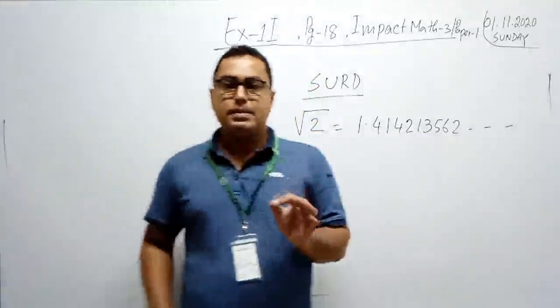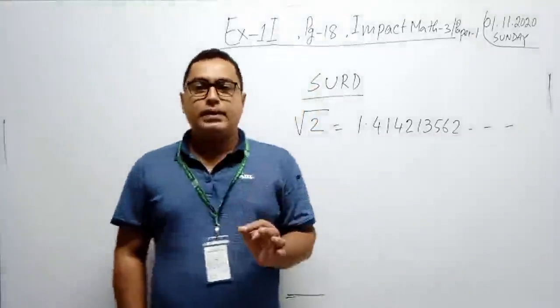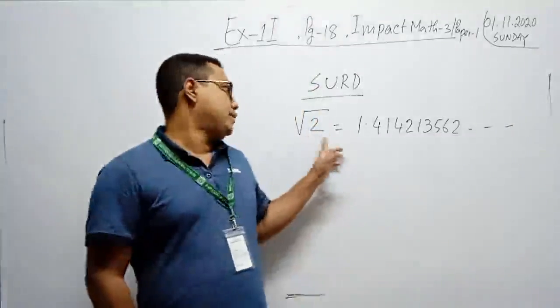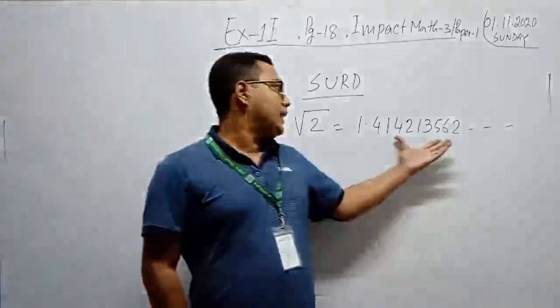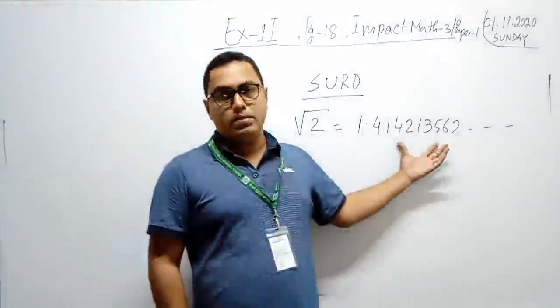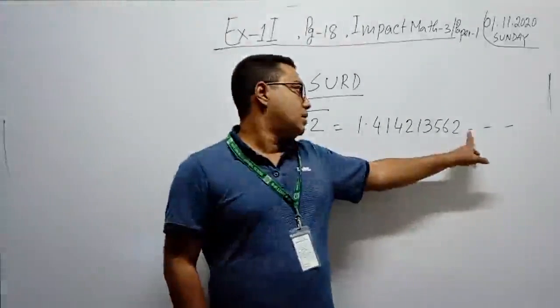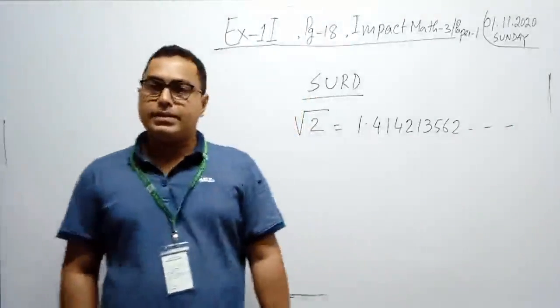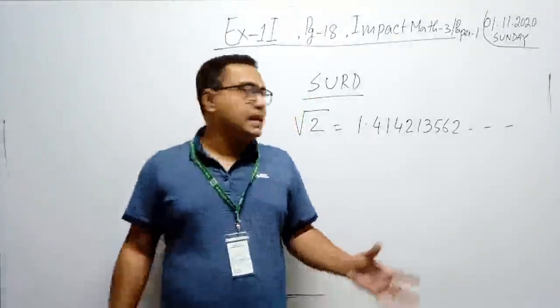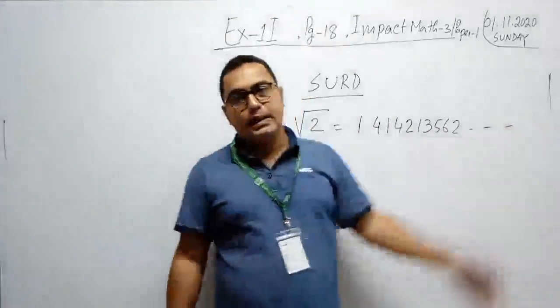That means, if we have to find its numerical value, we will not have a fixed value because the rest of the numbers here is unlimited. So we don't know exactly how many numbers are there.